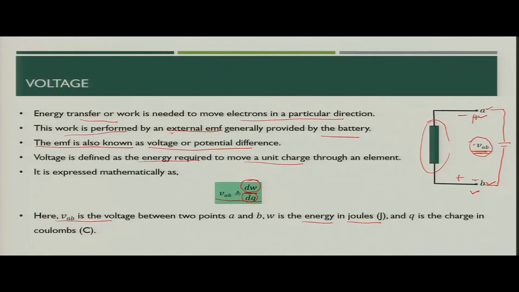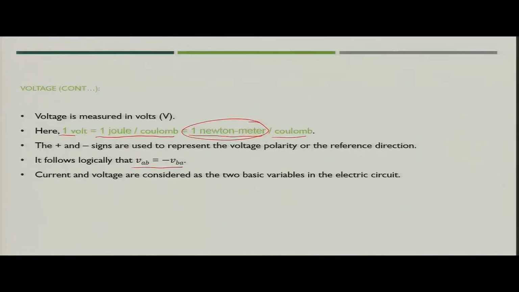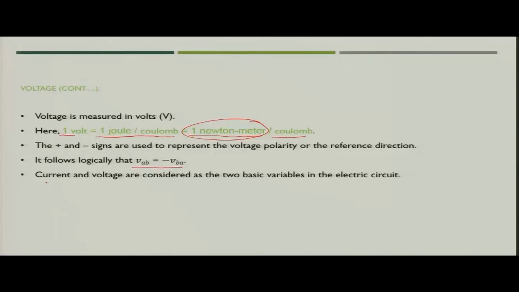Now, if you want to represent it in the form of VBA, that is the opposite, you will simply say VAB is nothing but minus of VBA. So, basically you are interchanging the terminals of the element, and you eventually get the negative of what we have shown in the previous figure.